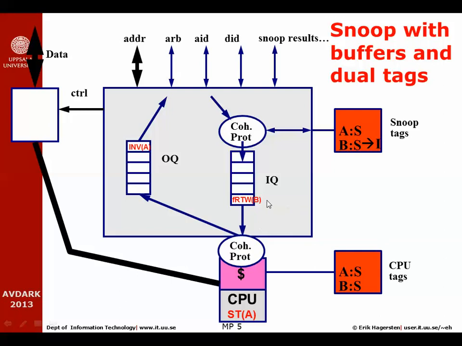It's going to be stored here until the lower coherence protocol has the time to pay attention to this request. When it does so, it will of course go down and invalidate the cache line B in the CPU tags, so it will be in state invalid in this cache.